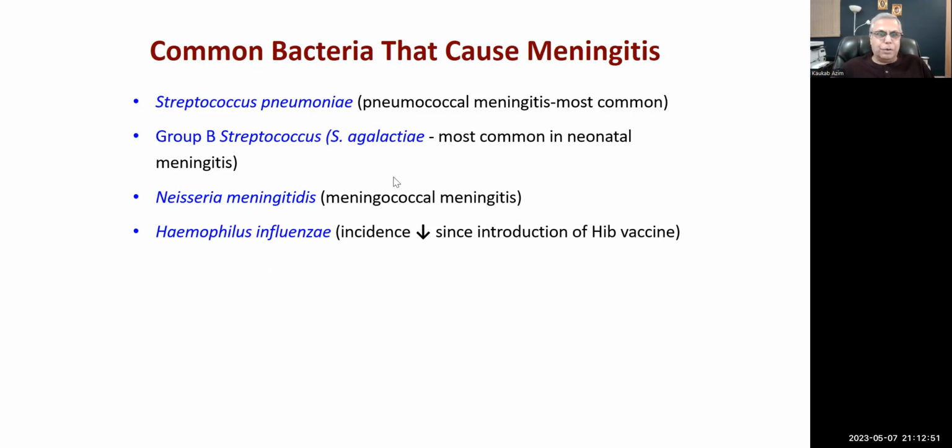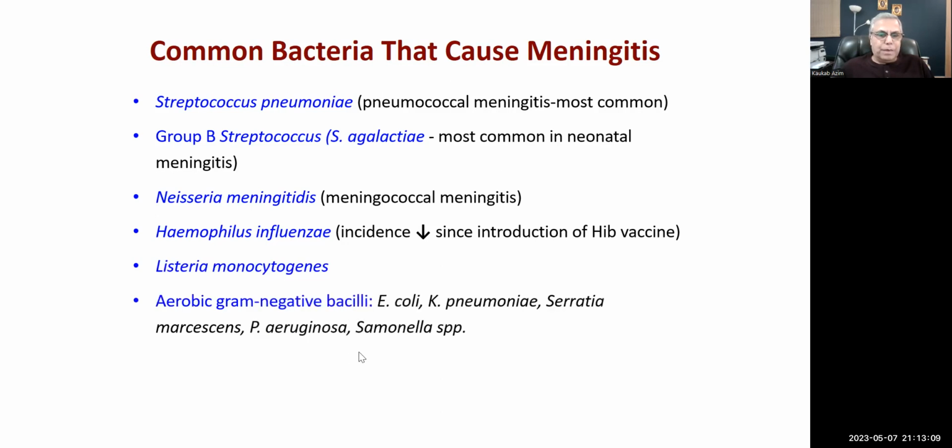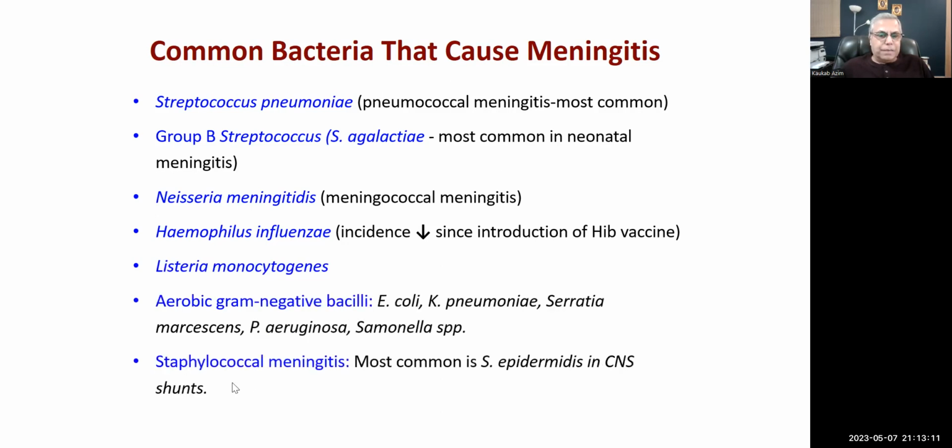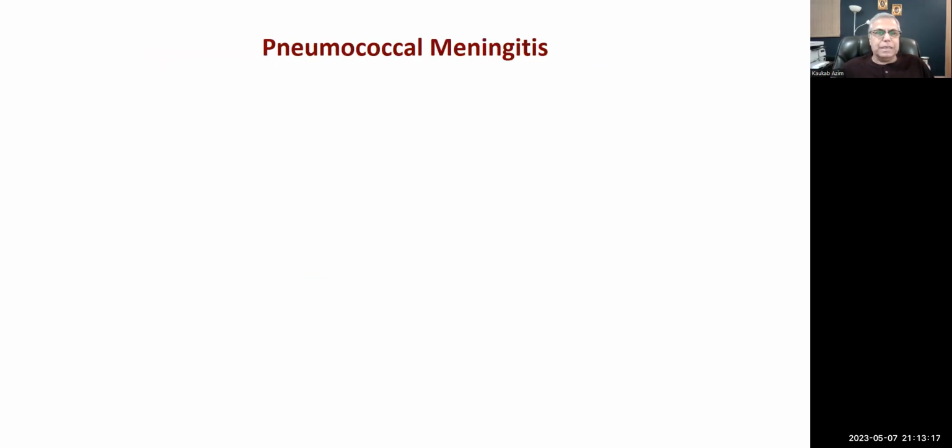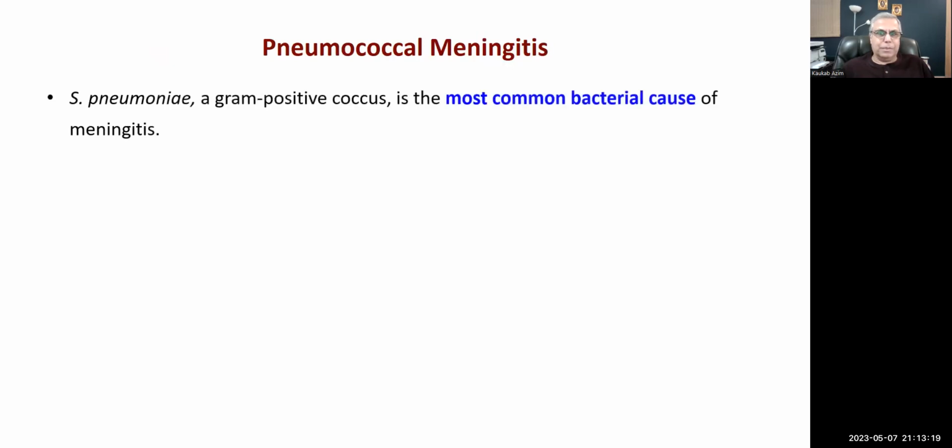We have a vaccine for pneumococcus as well. So it has gone down since the introduction of the Haemophilus B vaccine, the HIB vaccine. HI stands for Haemophilus influenzae B vaccine, right? Listeria monocytogenes, aerobic gram-negative bacilli, staphylococcal meningitis, right? So all of these are the most common bacteria that you will see in other slides as well.